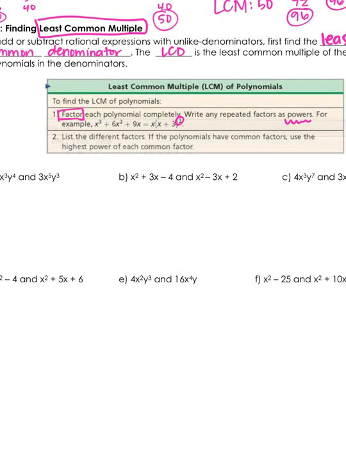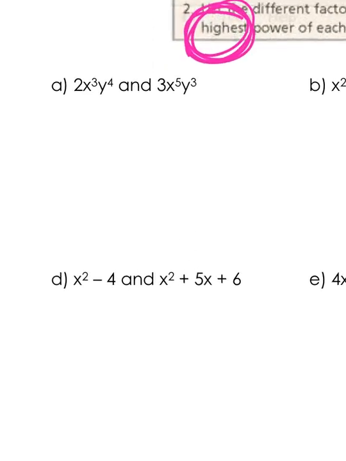And then here's the other thing. If they have common factors, and that could be just a variable or it could be a factor like x plus 3, you're going to use the highest power for each factor. So let's take a look at how that would work out.